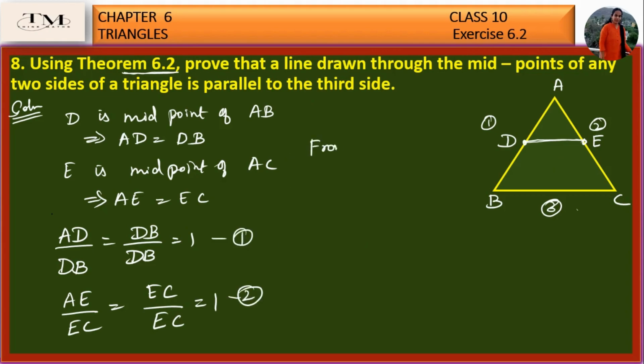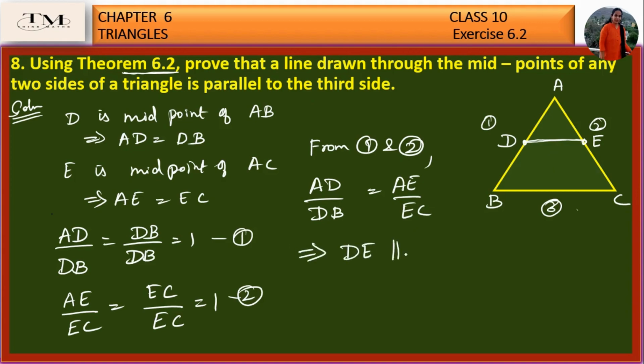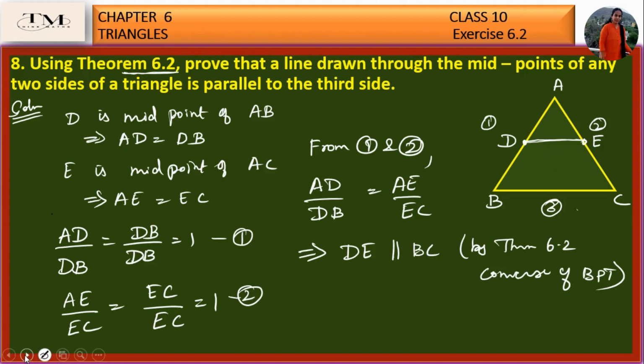From 1 and 2, we have AD by DB equal to AE by EC. If the ratios are equal, then we have DE parallel to BC by theorem 6.2, that is the converse of BPT. Okay children, can you understand? So moving on to the next problem.